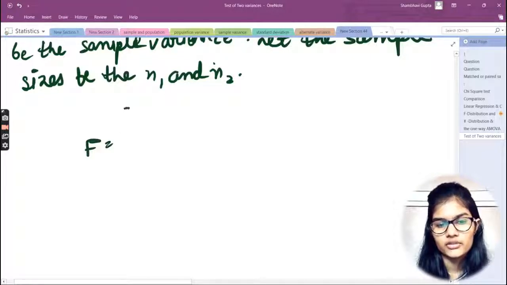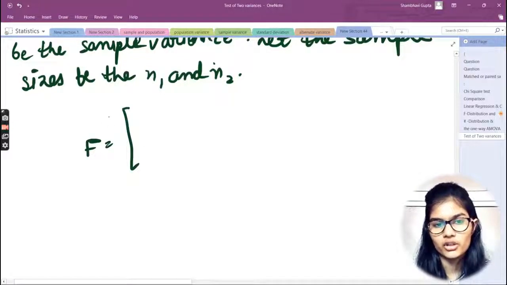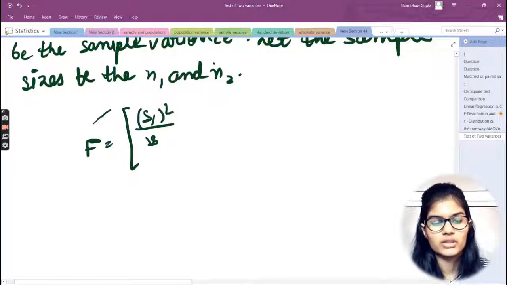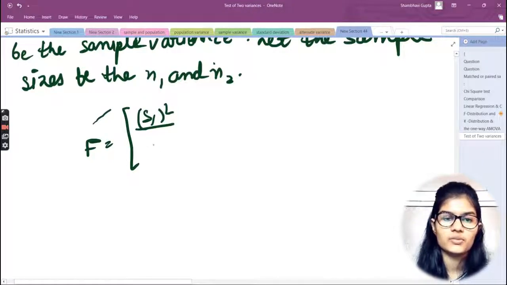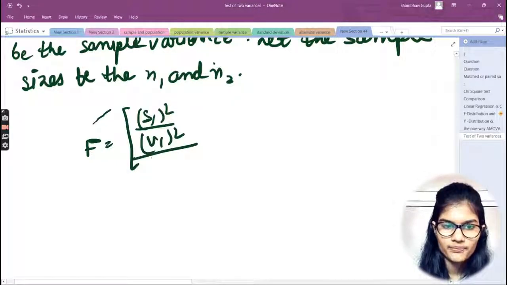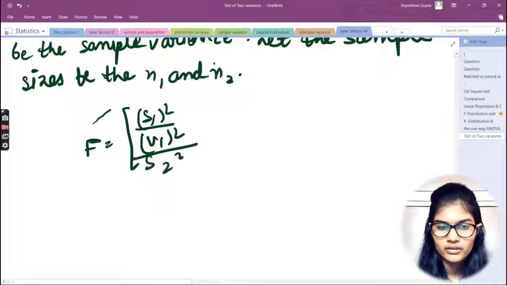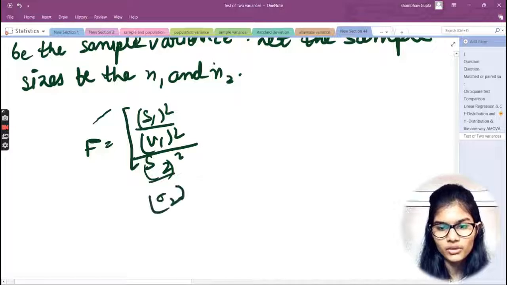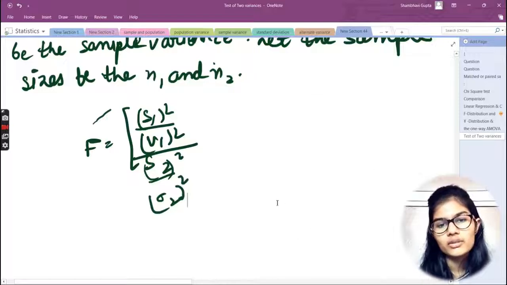F is equal to, onto this block we have S1 square upon sigma 1 square, and then S2 square upon sigma 2 square. So this is how we put the relevant formula.